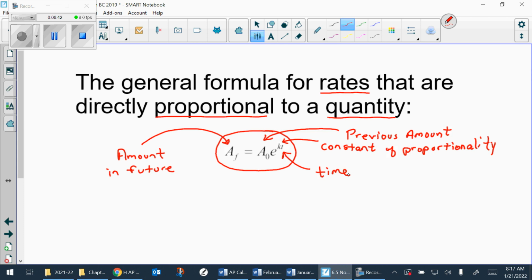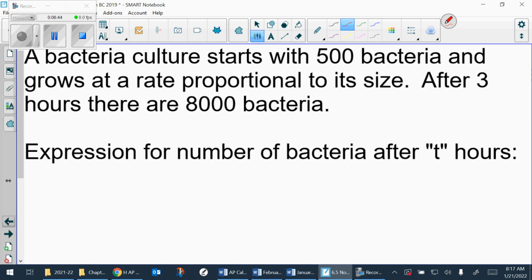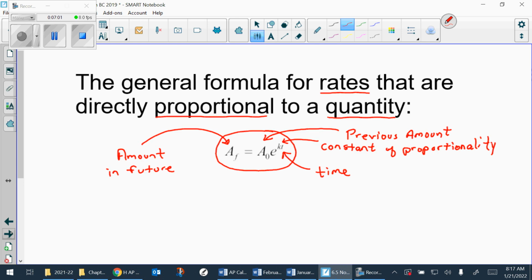So let's back it up a slide now. Back up to here. And we've got a bacteria culture that starts, okay, we got an initial amount here, that's nice. 500 bacteria, grows at a rate proportional to its size, so that's good. That means we can use our formula right here.